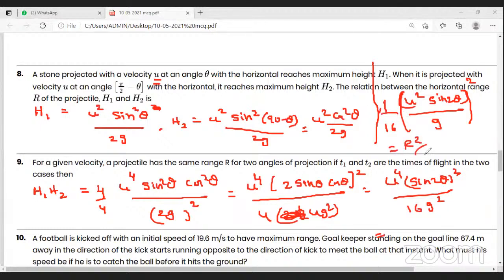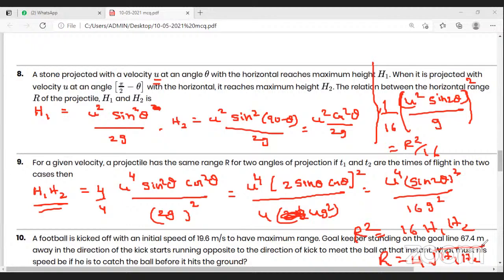Range square by 16. What is h1 and h2? h1 into h2 is nothing but R square by 16. Then what is R square? 16 h1 h2. Then R, if you want to write it by taking the square root here, is 4 root over h1 h2.